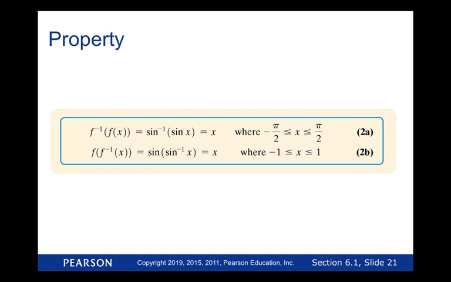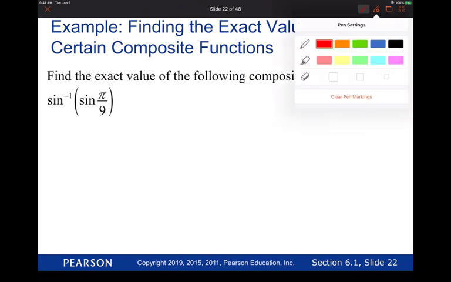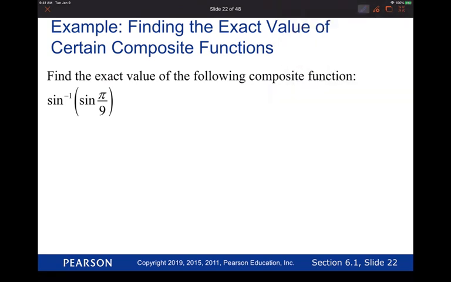Again, that's all kind of determined by the inside function. Find the exact value of the following composite function. Okay, so here, let's do this really quickly. If we consider sine of x, that domain went from negative 90 to 90.